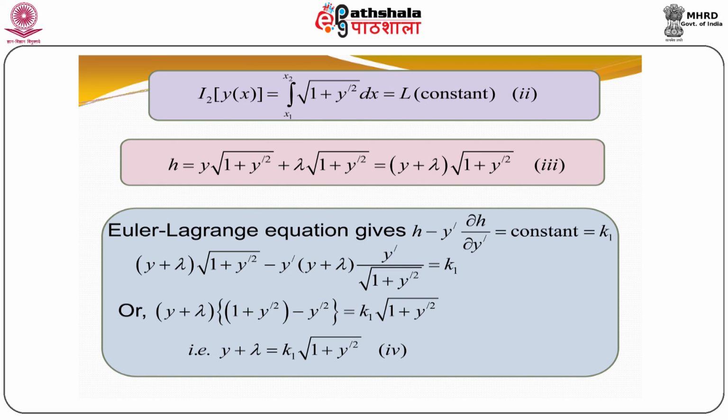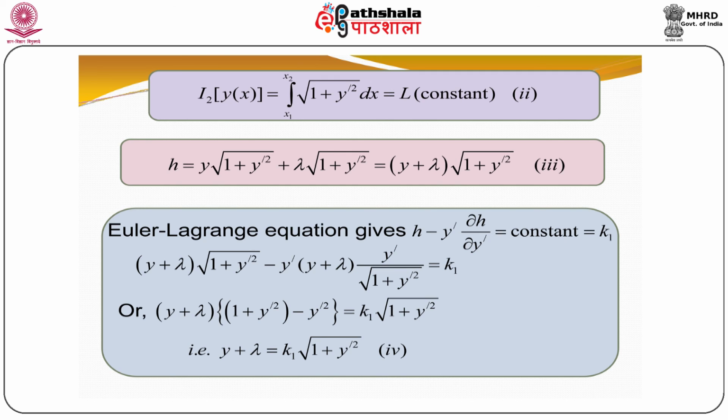Since this is an inextensible string, we have to minimize the numerator of the right hand side of 1, that is we have to minimize this one, subject to the condition given by 2.